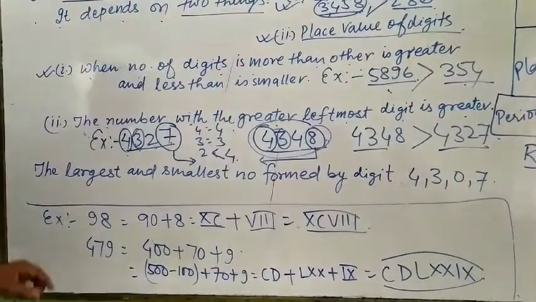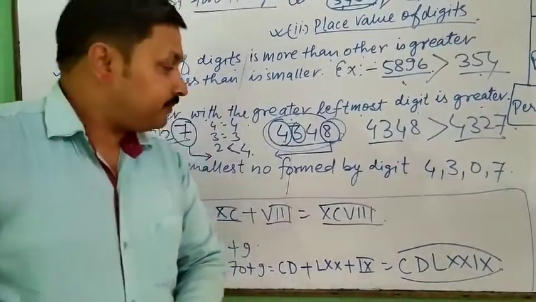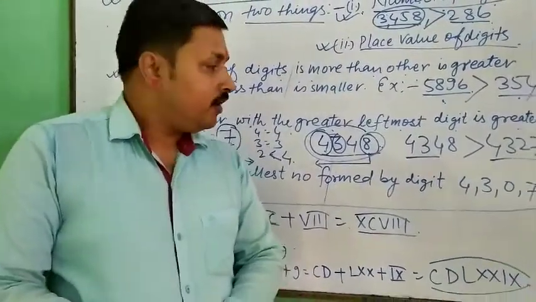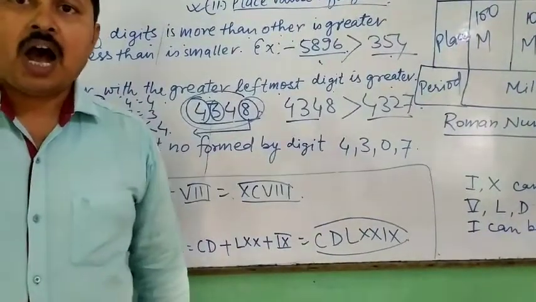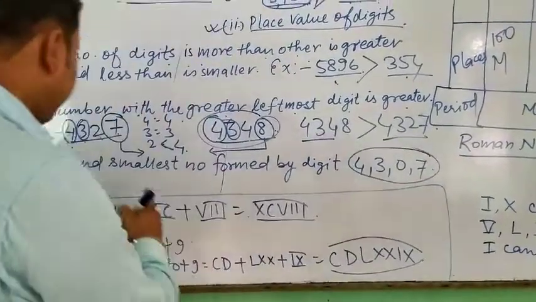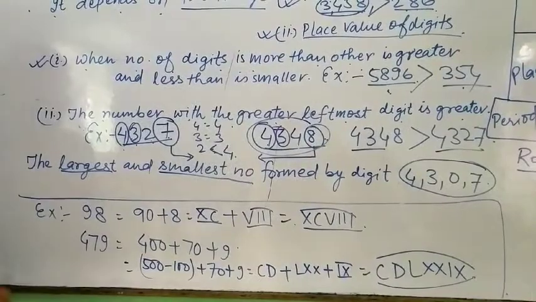Now, the largest and smallest number. Next topic: the largest and smallest number formed by the digits 4, 3, 0, 7. How can we form the largest and smallest number from these digits?